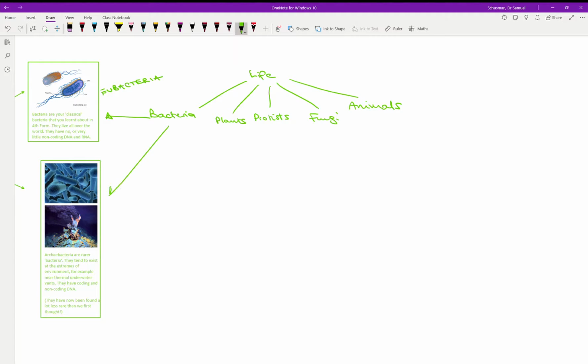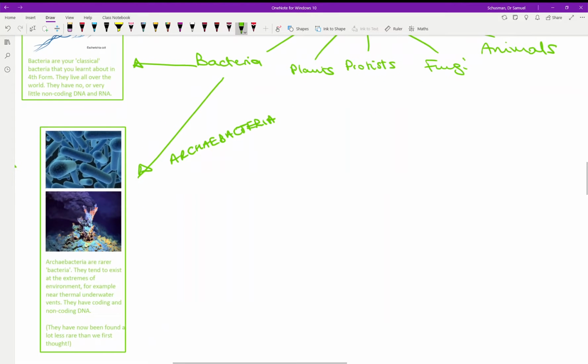And you've got, as they were known at the time, these archaebacteria. So archaebacteria are not what we would constantly refer to as your normal bacteria. They're weird and wonderful organisms that we don't learn much about at school, but they look like bacteria.